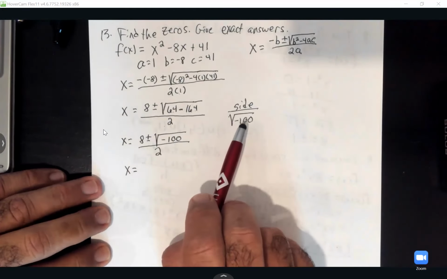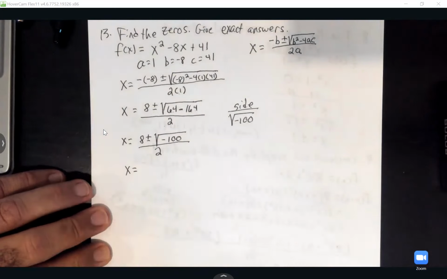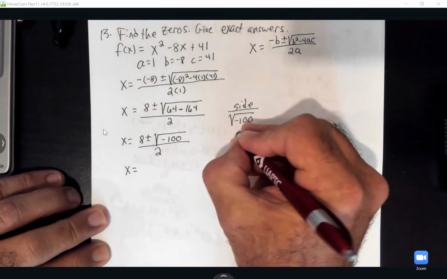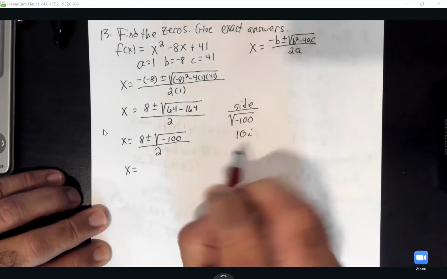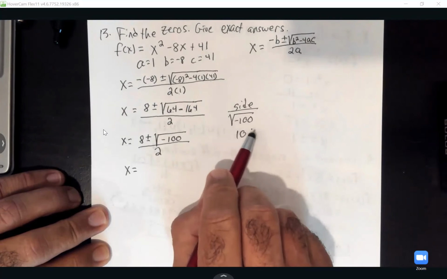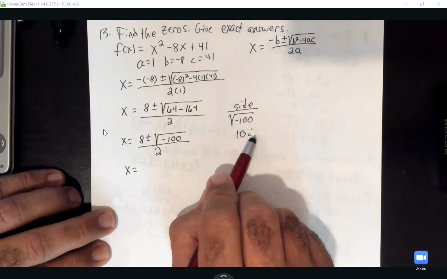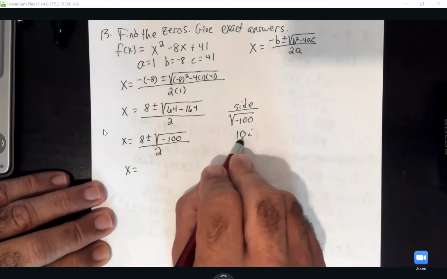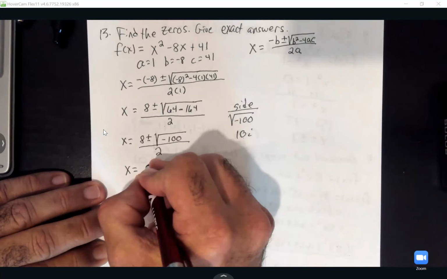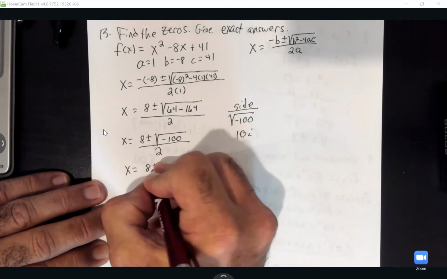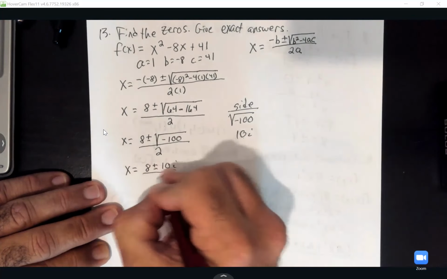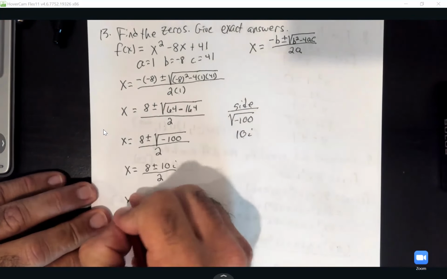So y'all, let me ask y'all that. What's the square root of a -100? 10i. Oh, what'd y'all just say? 10i. 10i, there you go. So if you got a negative under there, it comes out as the i. So I'm going to replace that square root of -100 with that. So I'm going to get 8 plus or minus 10i over 2.